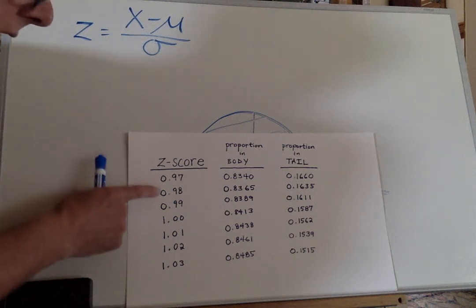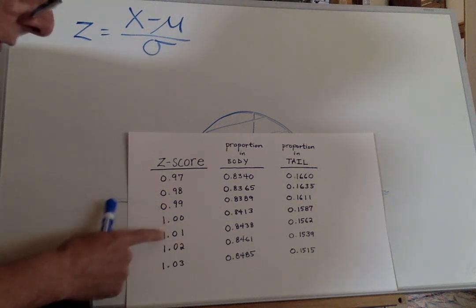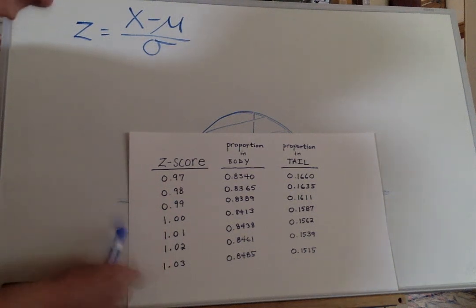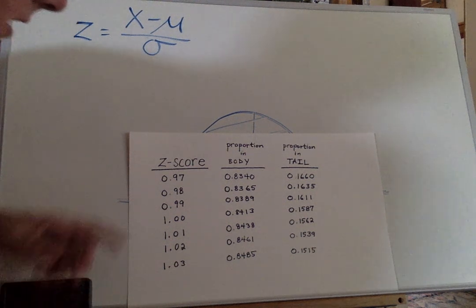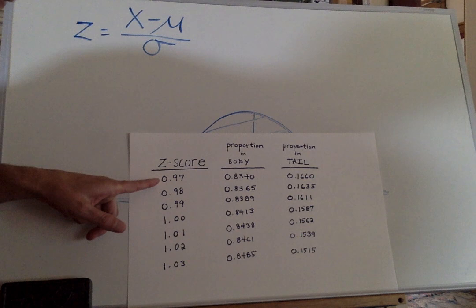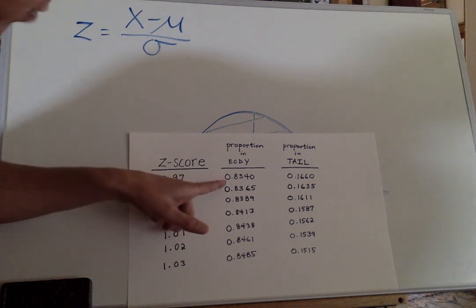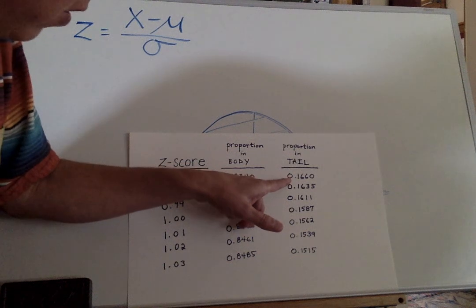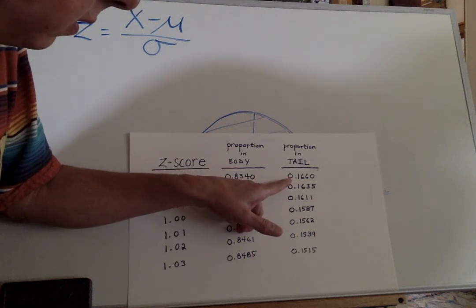So here are potential z-scores. And what they will show you is, for a z-score of 0.97, for example, they'll tell you what proportion of the curve is in the body and what proportion is in the tail, okay?